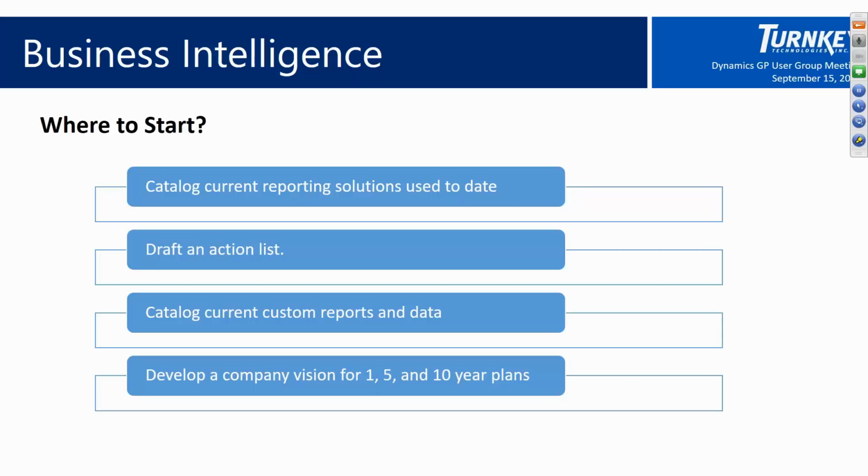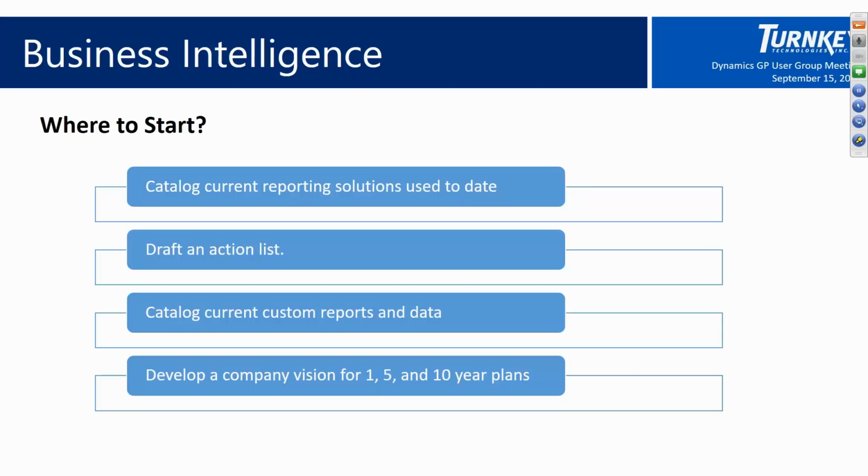Draft an action list. Definitely plan ahead, and where do you want to be, and where do you find yourself specifically taking action upon? What are the departments? What are the areas that need it? And you're building up that action list to bring to the table and say, I need this, so I can do this, so I can do this. Catalog your current custom reports and data.